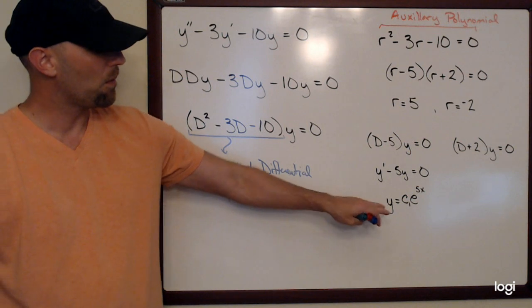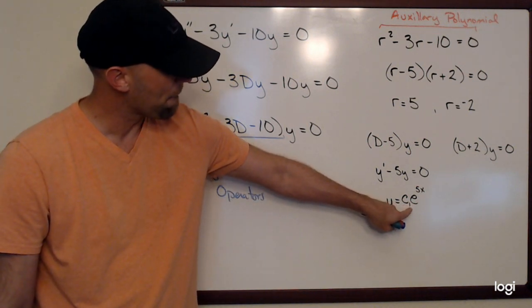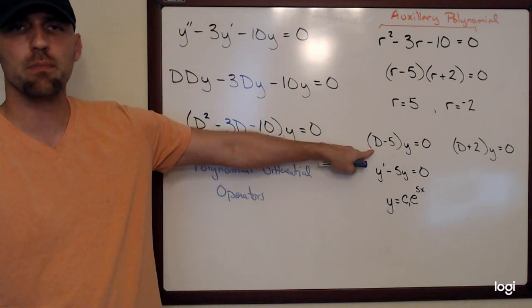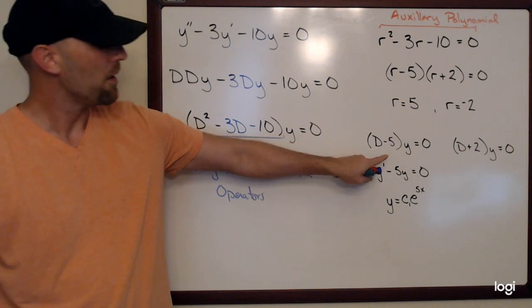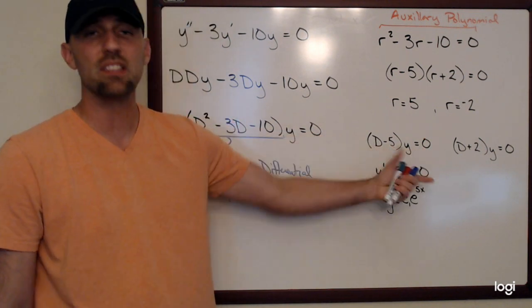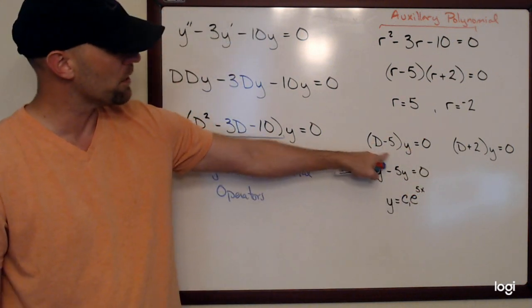Now, this is telling me that this function here is in the kernel of this linear transformation, right? Remember, the kernel are all the things that you would apply this transformation to get 0. That's literally what I want to solve for here. So this function is in the kernel of this linear transformation.